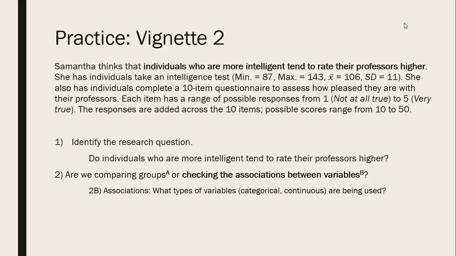And so our next question, that puts us at 2B within that list, that step-by-step process. Well, if I'm looking at association, what types of variables, categorical or continuous, are being used? In this case, I have intelligence, and we've talked before, anytime we're working with a standardized test, like a state educational test, something along those lines, for the purposes of this class, we're just going to assume that it's continuous.